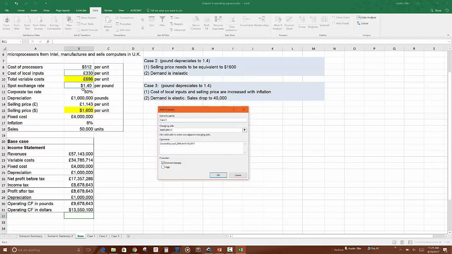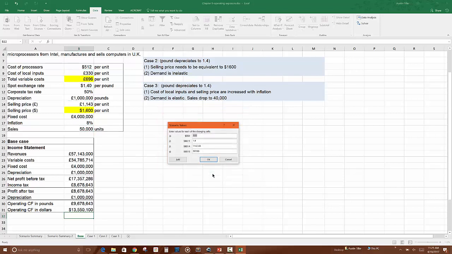Then selling price, B14. And then sales total units, B18. We're going to change 4 cells. We're done. You can press OK.